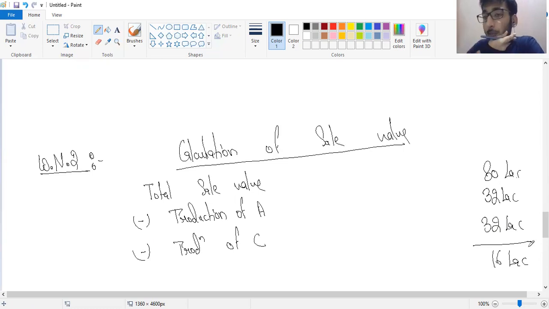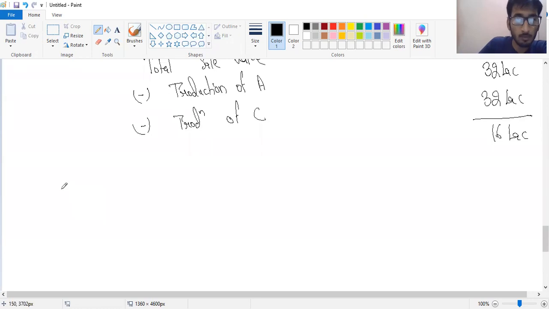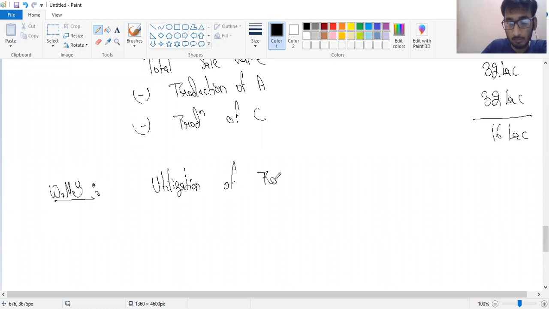But just see one thing. Here in this question, now production is completely dependent on the raw material. So let's come to working note number 3. Utilization of raw material.